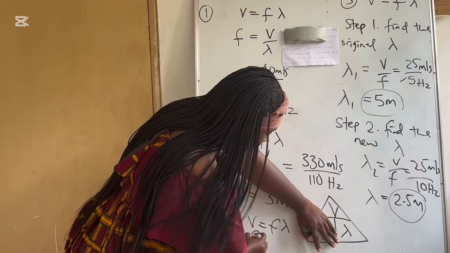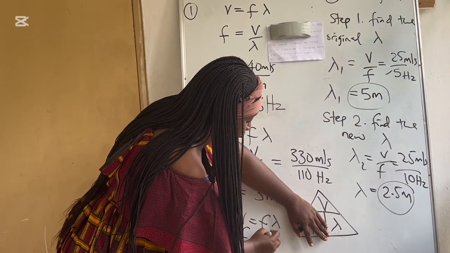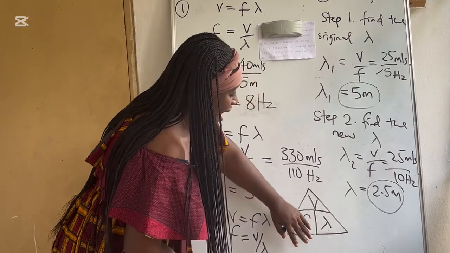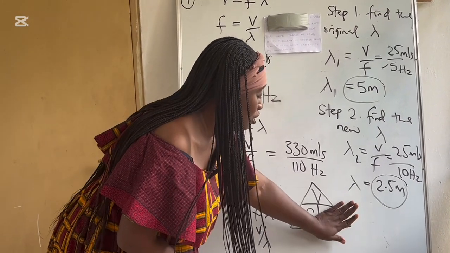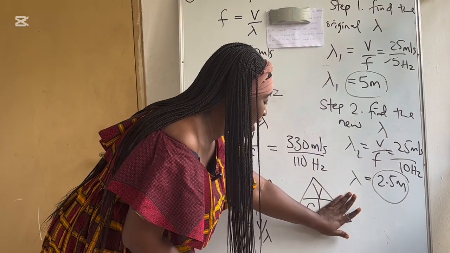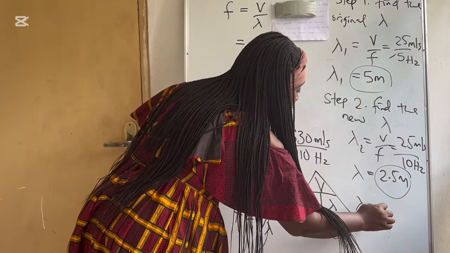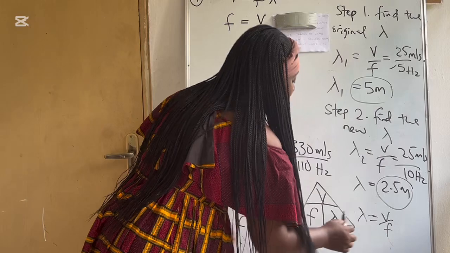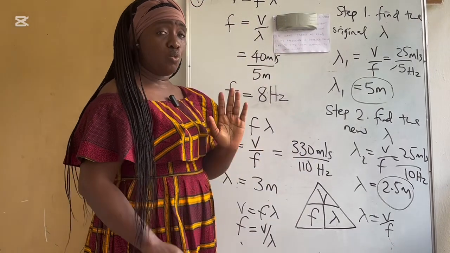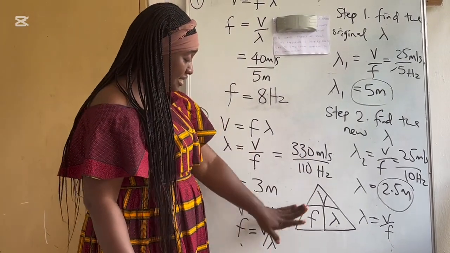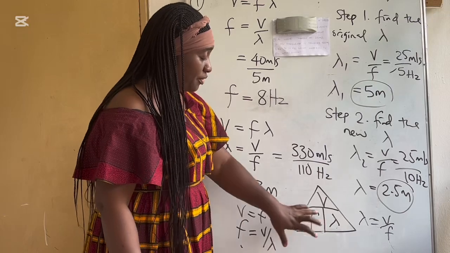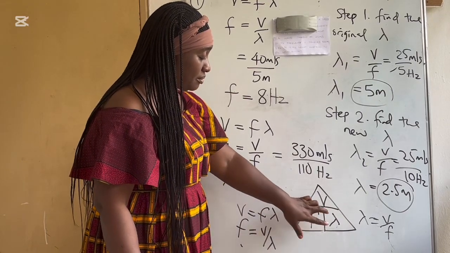So F becomes V all over lambda. And if I want to solve for lambda, it becomes V over F. So lambda becomes V over F. And this is the simple trick.